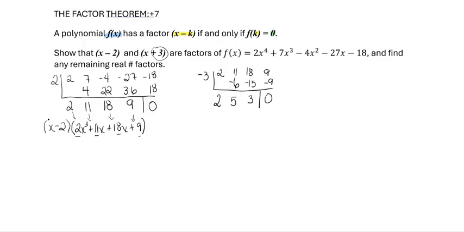So now I've shown that x plus 3 is also a factor. So my factors now are x minus 2 times x plus 3 times, I'm going to get these new numbers because x plus 3 times, whoops, hold on.